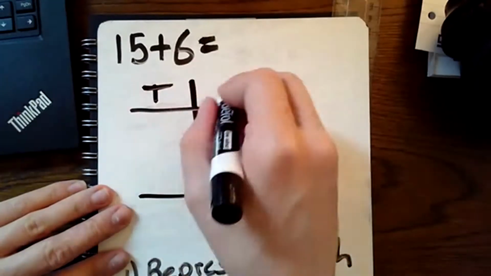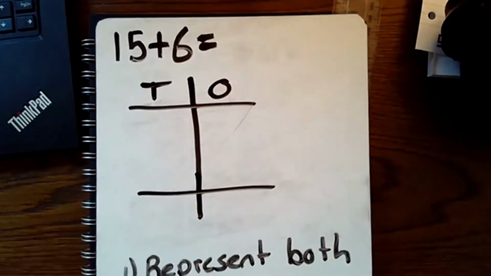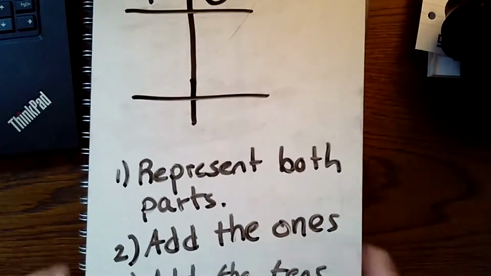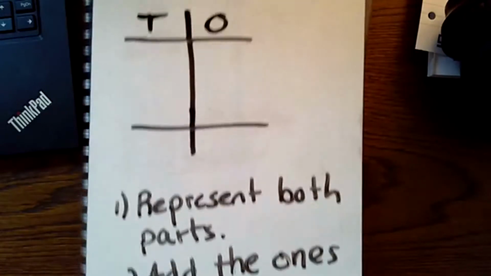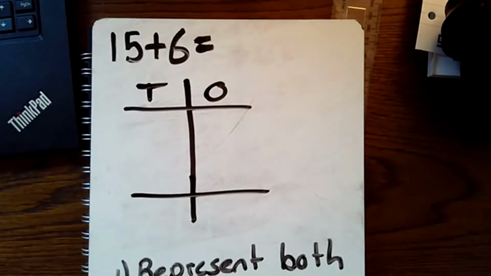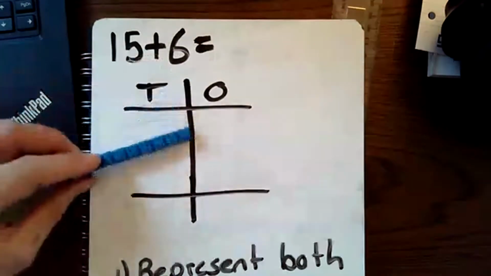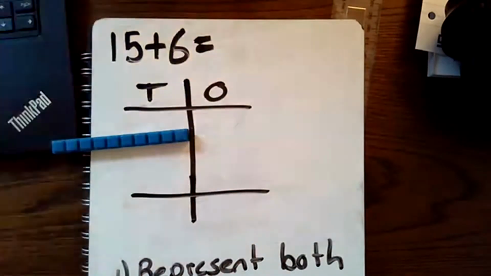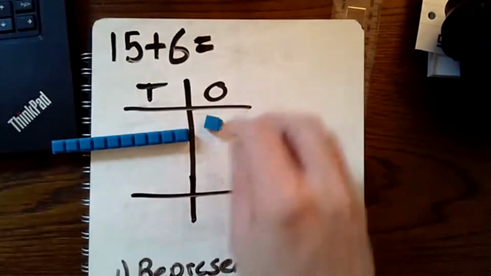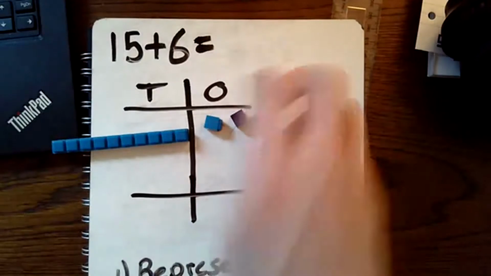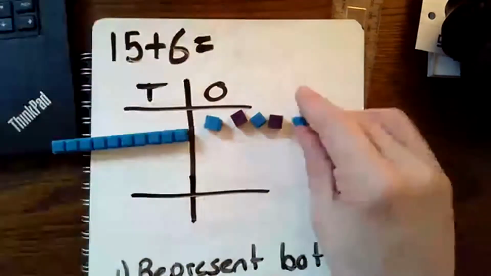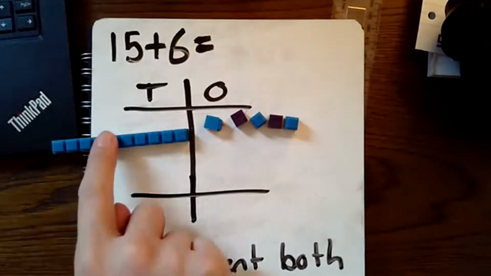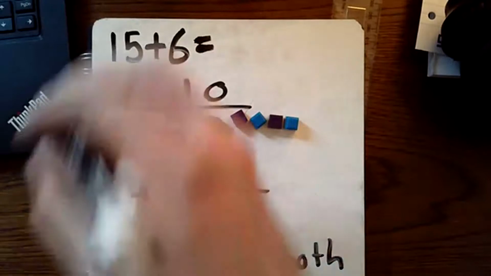Here are my tens and ones. Well, I know I'm adding, so I represent both parts. I'm going to use the counters here to make it really clear. 15 has 1 ten and 5 ones. 1, 2, 3, 4, 5.